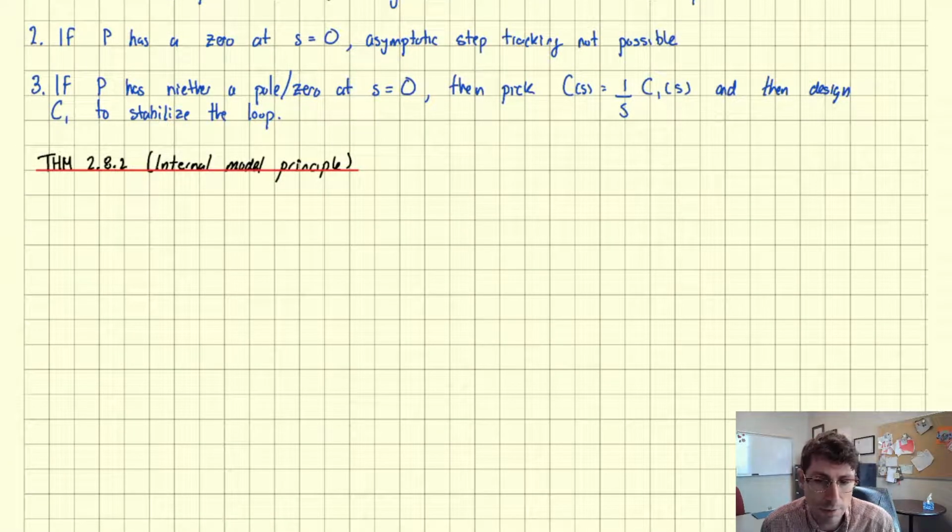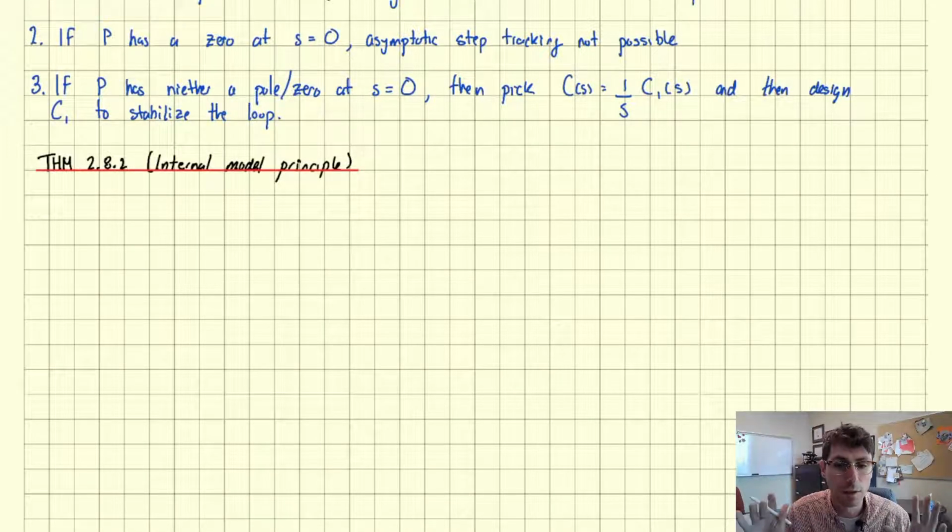Stabilized loop means the same thing as what we talked about earlier: input-output stability, feedback stability. Every possible transfer function associated with the closed loop system has to be BIBO stable. The same thing we talked about last week. We have only one definition of a closed loop system being stable.